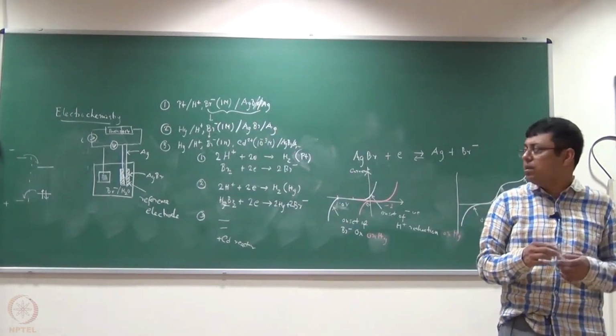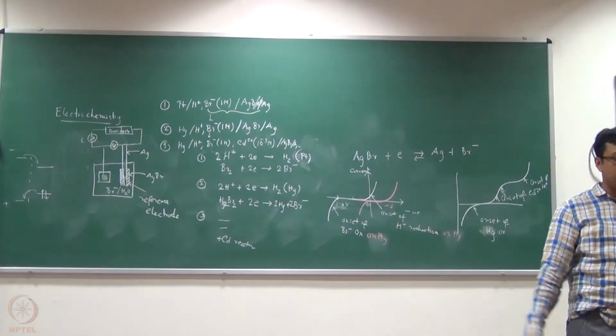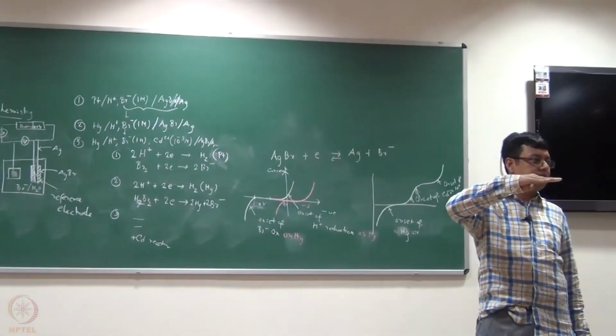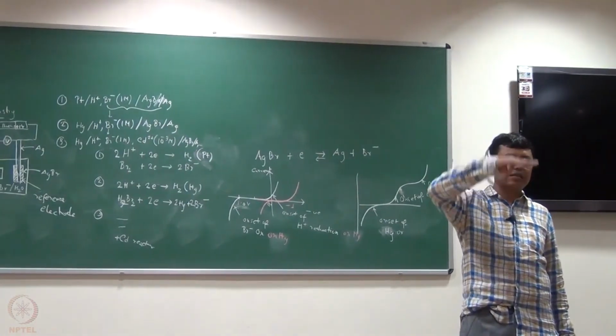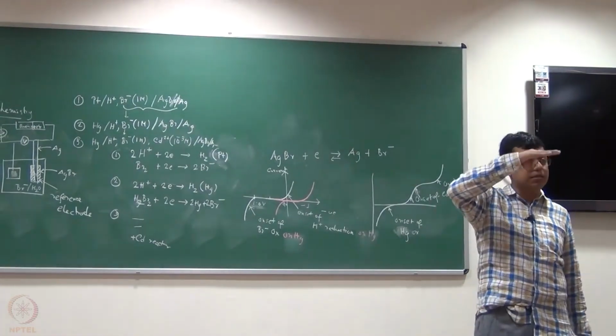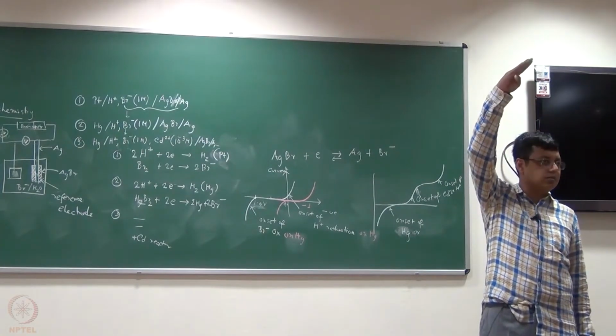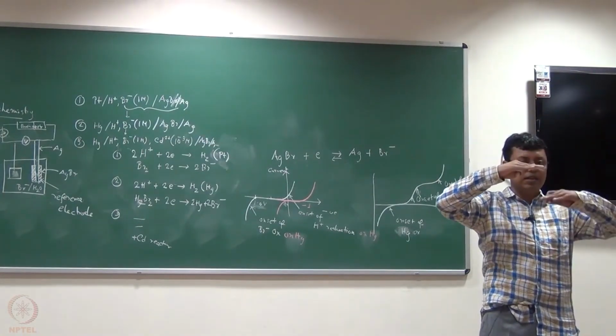Rationalization of the entire thing means I want a HOMO-LUMO kind of picture, where I start with some potential for the metal and I'm scanning it, and I know that in the solution I have different species. Each species has a standard reduction potential, and this potential is getting scanned.